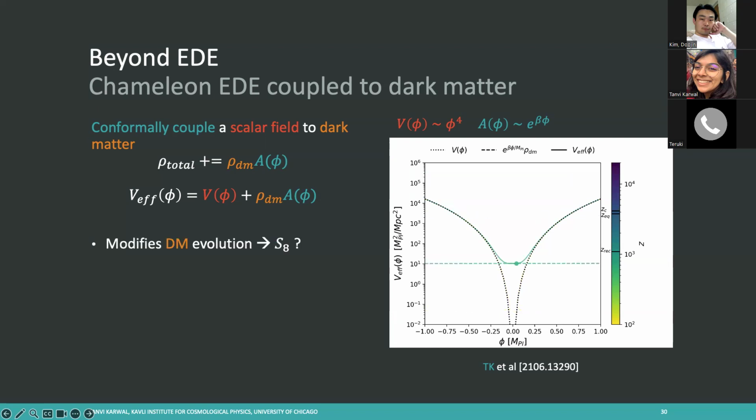Because this modifies the dark matter mass, it'll also modify the dark matter perturbative evolution. So it might have implications for the weak lensing S8 tension, which talks about how matter density fluctuations have evolved. And second, this also ties the redshift of the appearance of early dark energy to matter radiation equality through this coupling.